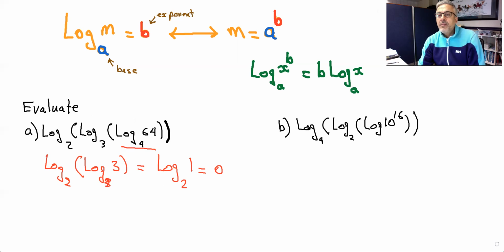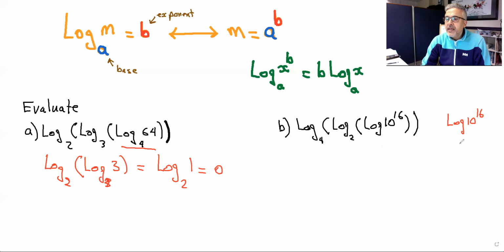Now, with this here, we want to find out what this is first. So now, I just introduced another rule in logs. If you have log base a of x to the power of b, you're allowed to bring the b down and put it in front of the log. So I'm just going to take this on the side and solve it. So log 10 to the 16, I could bring the 16 down because it's an exponent in front of the log.